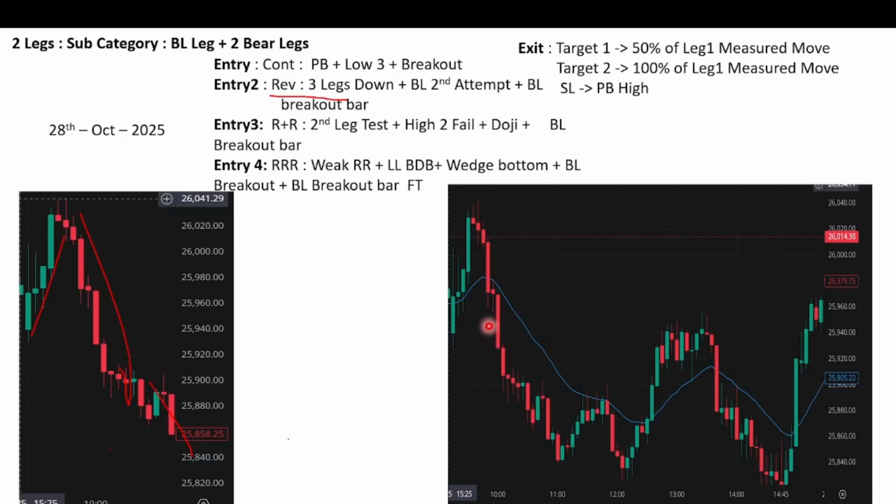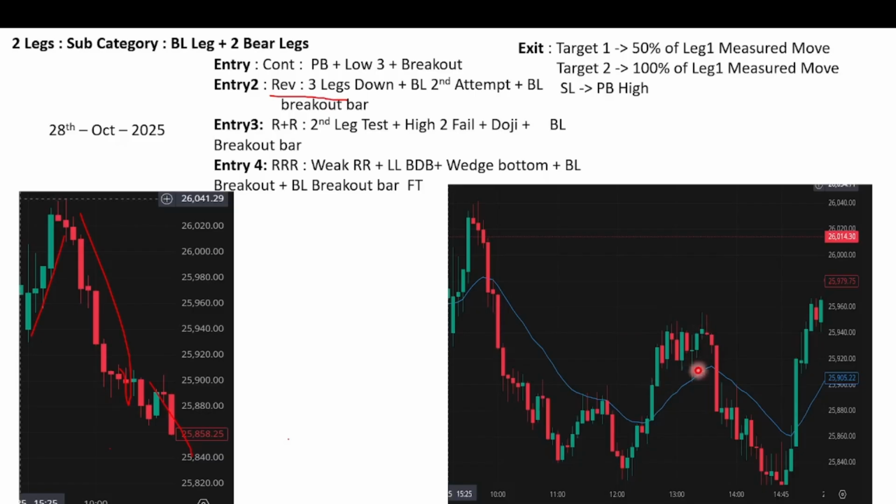This is the second leg starting of the bears. So when we are making the reversal, it will test the second leg and it can make a double top with that second leg, and only if that double top fails, it can go higher.